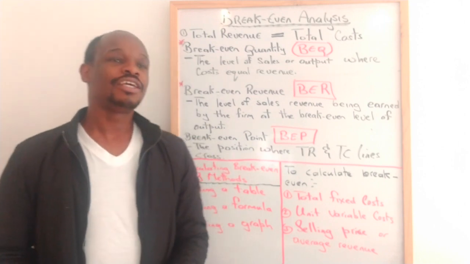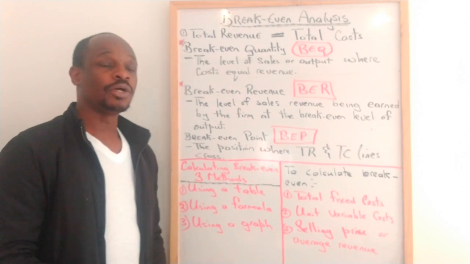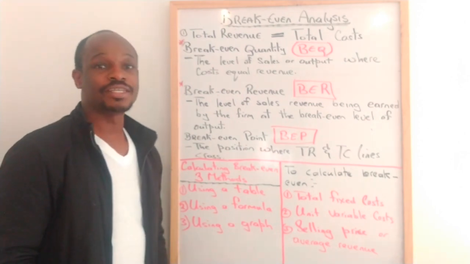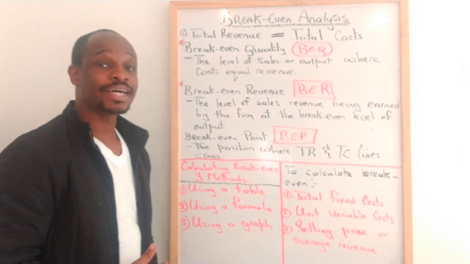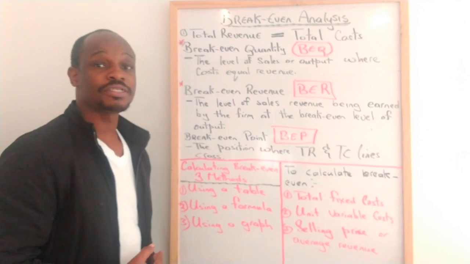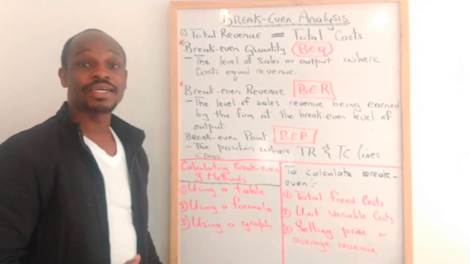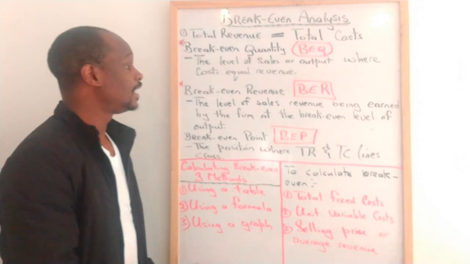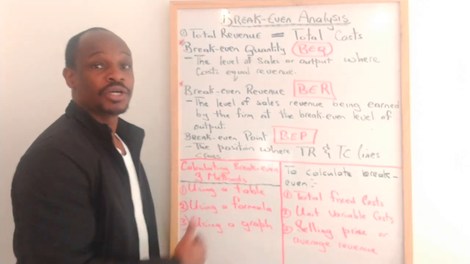So break-even is simply where your total revenue equals the total cost. Here we have some different terms that are very important for you to know, because if you're given a question, you need to know whether they're asking you to calculate the break-even quantity, the break-even revenue, or the break-even point.